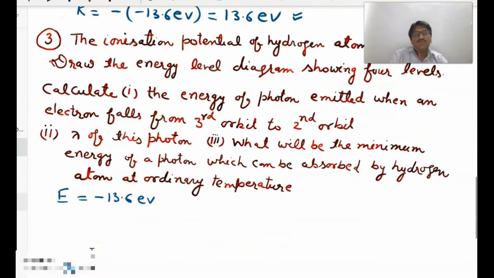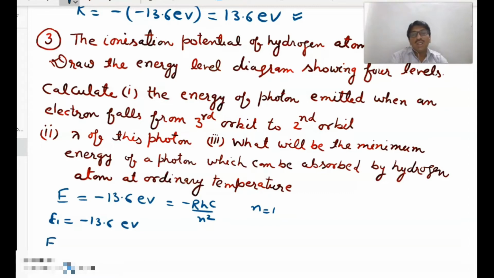Four levels means we have to determine E1, and we know that the energy level depends on minus RHC upon n², where n equals 1 for a hydrogen atom. It means this -13.6 electron volt represents the energy of the first level.